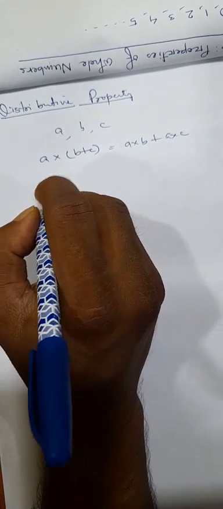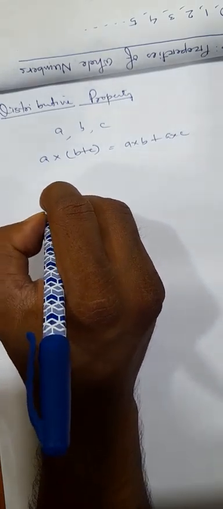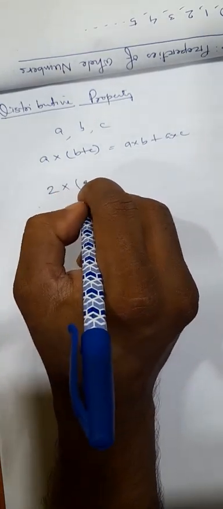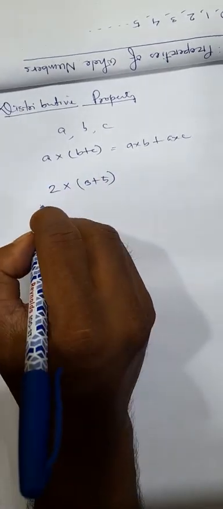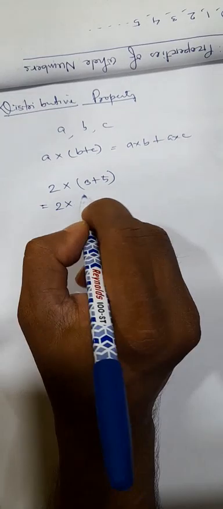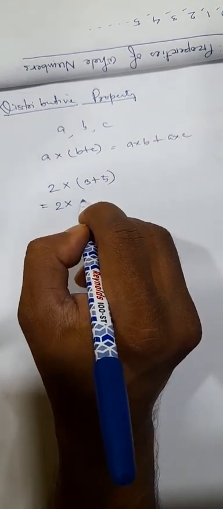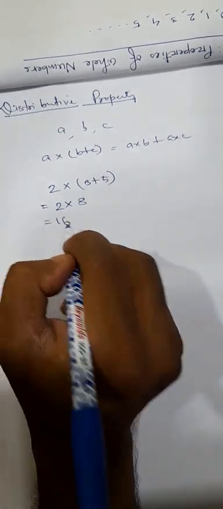Now let's check whether it is true or false. Say for example 2 into (3 plus 5). Now ideally what will you do? 2 into (3 plus 5) means 8, 2 8s are 16.